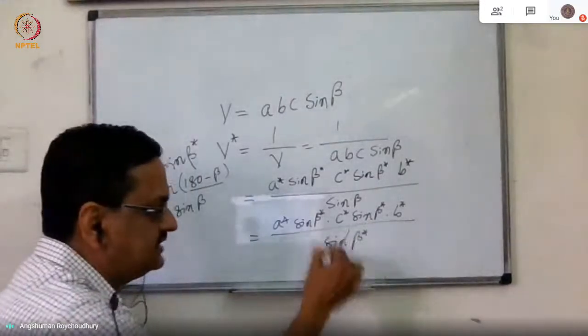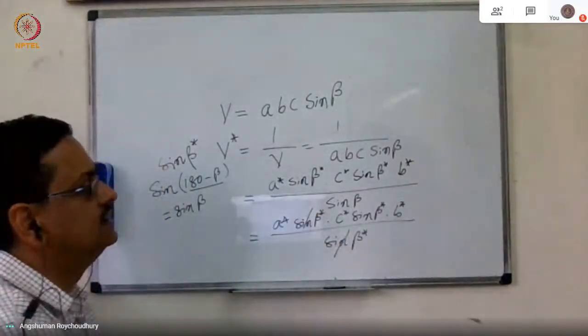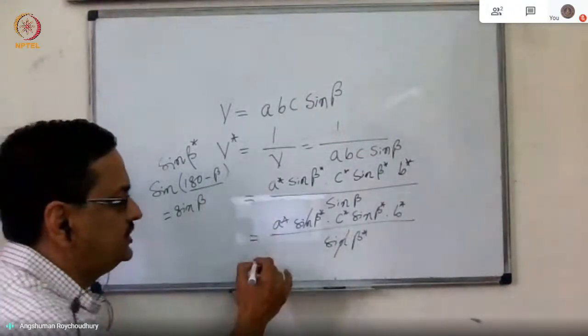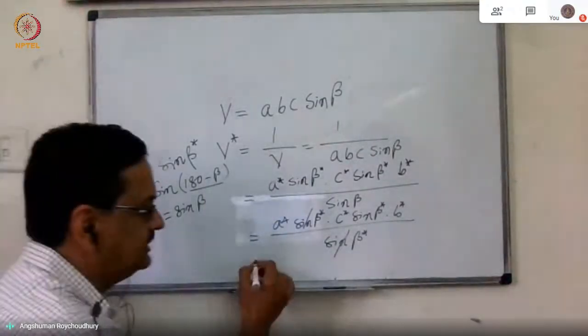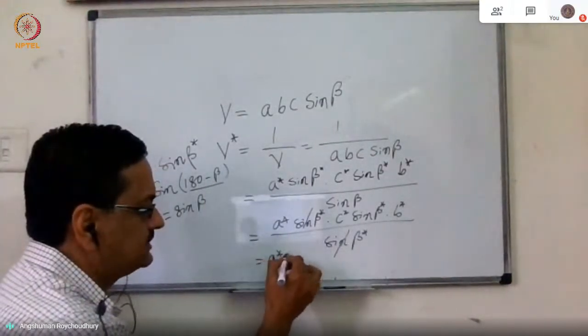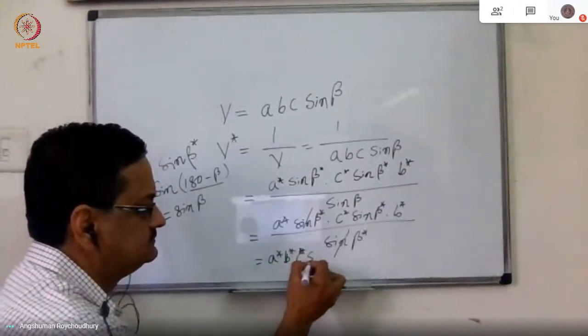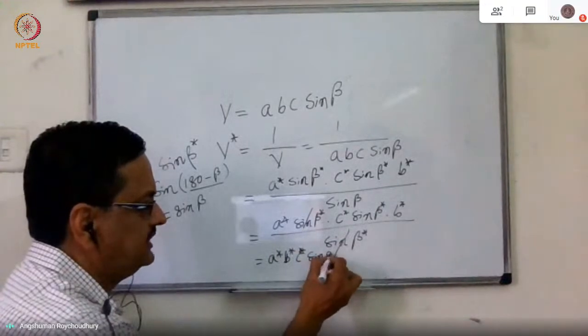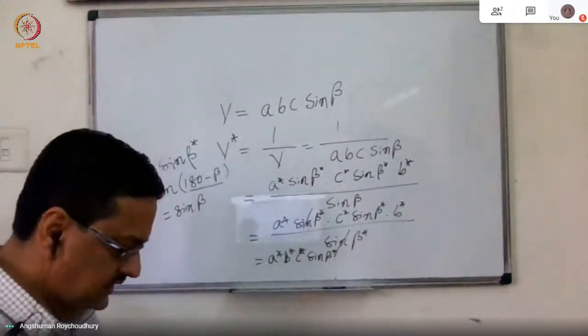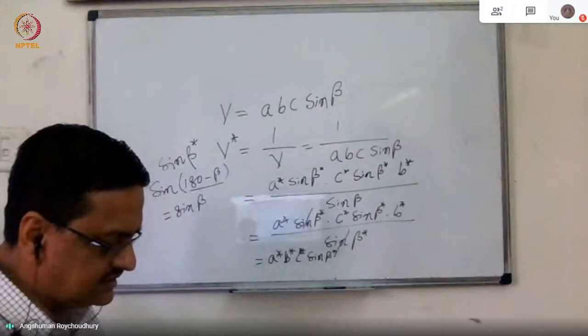So now we cancel sin beta star with sin beta star. So what we get as the volume of the reciprocal lattice is a star, b star, c star, sin beta star. So it is option C which is the correct option.